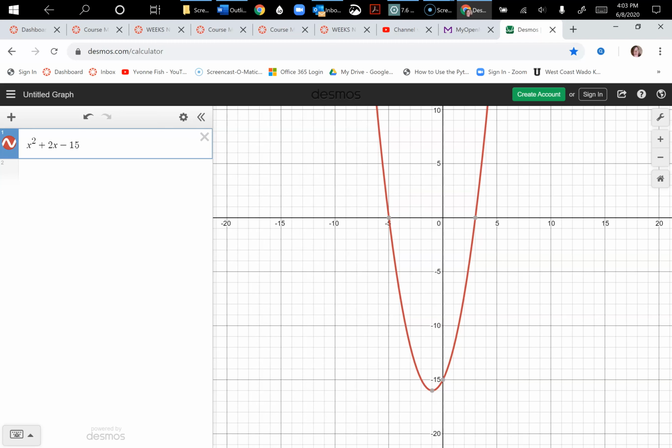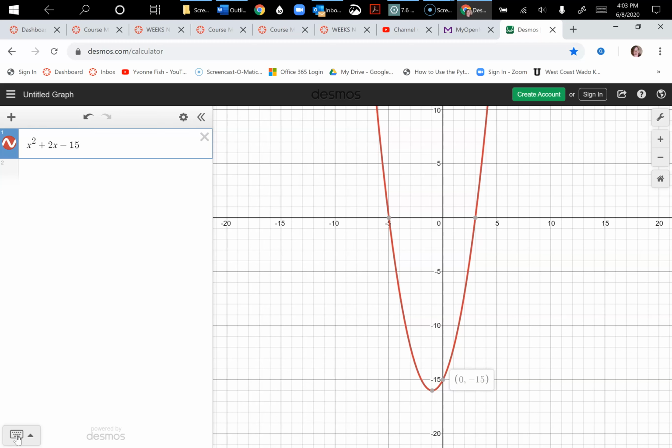I could plug in any x values and figure out what the y is. So here, if I plug in negative 1, I would get a y equal to negative 16. And you did some of that, like when you were plugging in values into a quadratic, just evaluating. That's the skill involved in this.